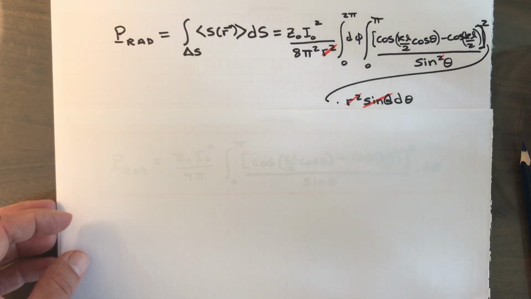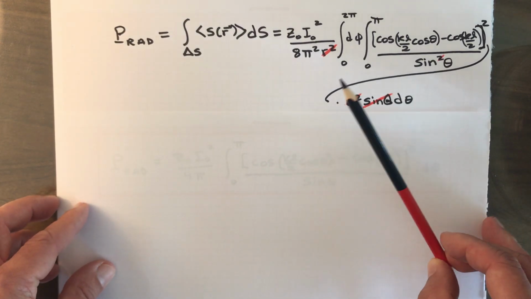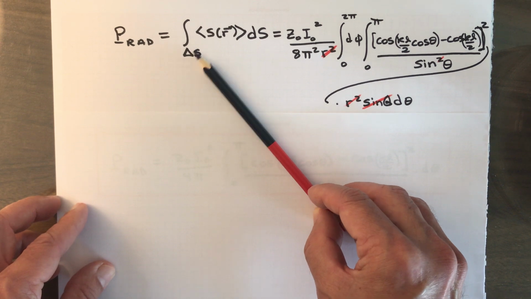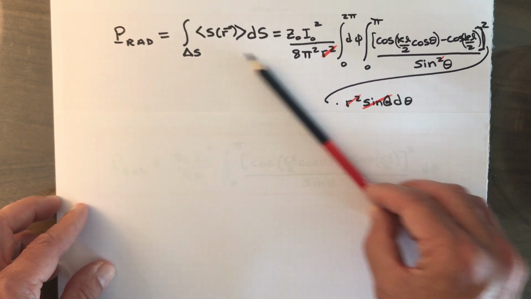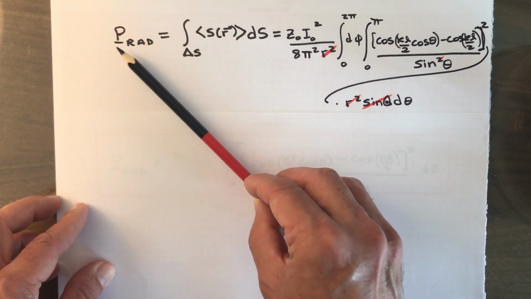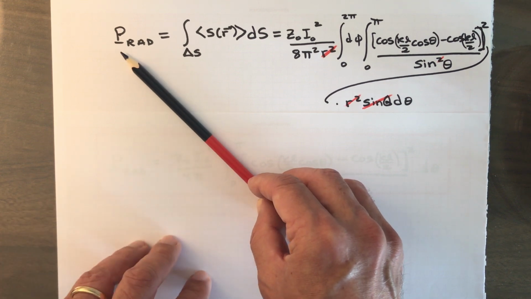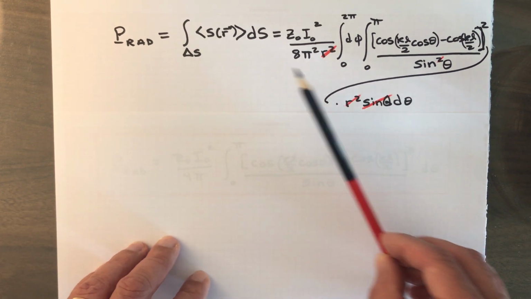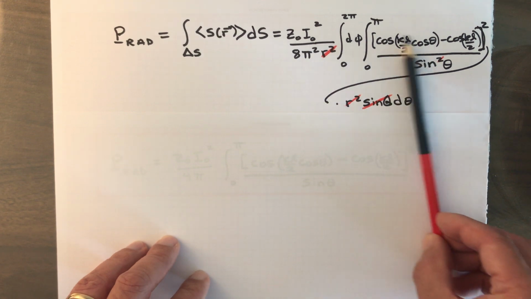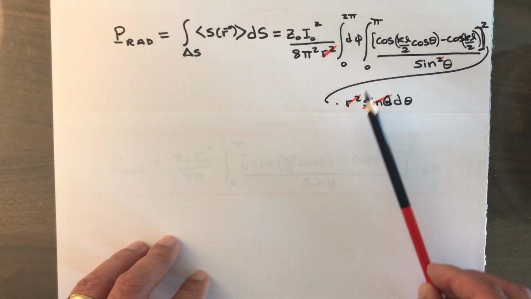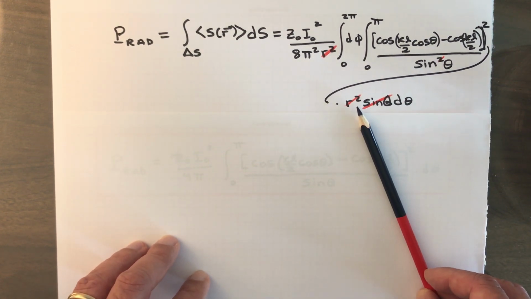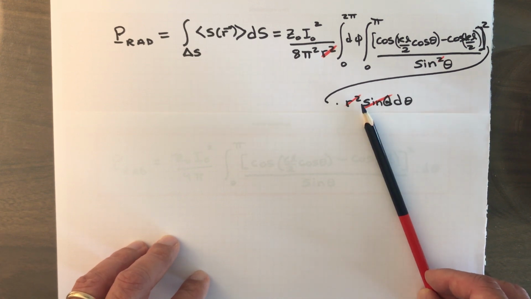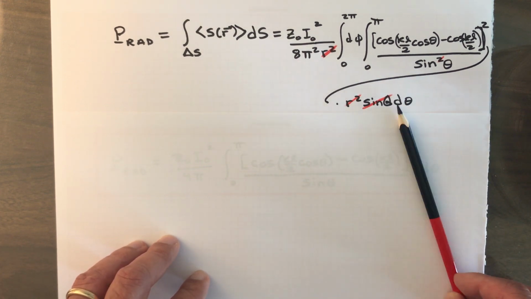Once we have the average Poynting vector, as we've done in previous derivations and presentations, we integrate over the complete sphere, and we come up with the radiation power expression. In this case, our cosine over cosine expression is here. It gets multiplied times the surface element for the integration, which is r squared sine theta.